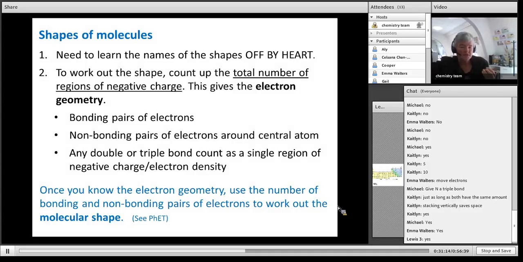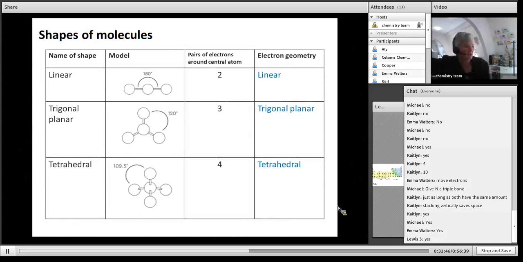Double and triple bonds, like the one we had between the C and the O and the nitrogen, that group of 6 electrons, or that group of 4 electrons shared between the two atoms, is considered one region of negative charge. Then when you know the electron geometry, you can work out the molecular shape. I think I'll do this first before I go on.